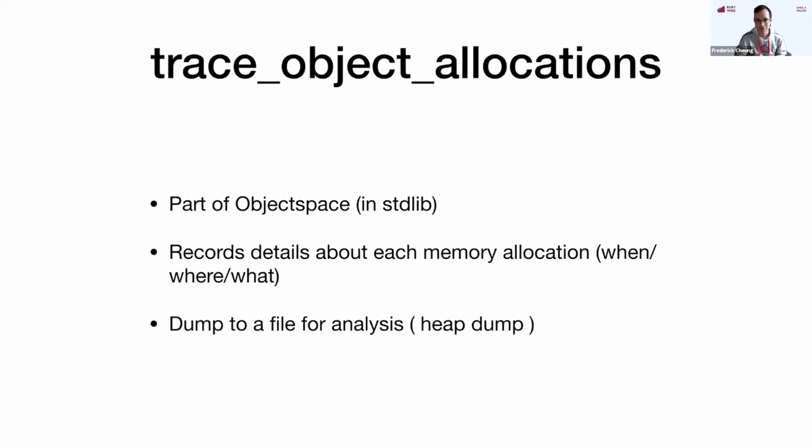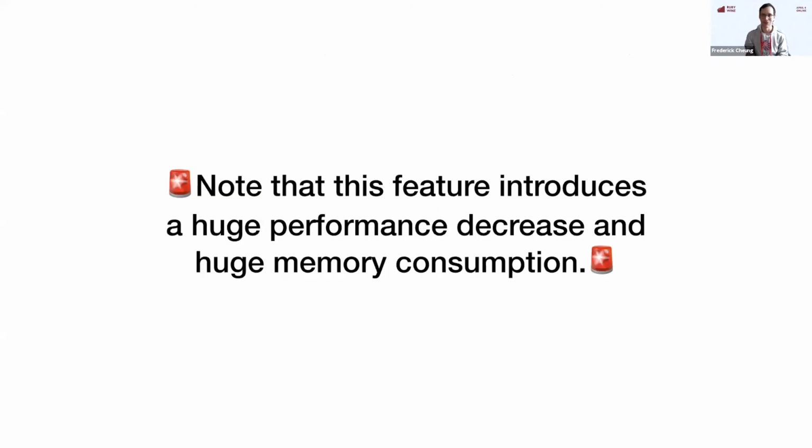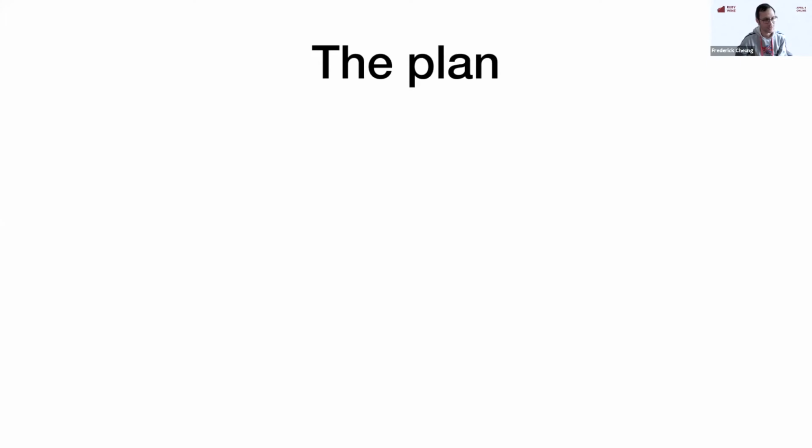It does have this warning in the documentation, which is a little bit scary: Note, this feature introduces a huge performance decrease and a huge memory consumption. Which kind of makes sense given what it's doing, instrumenting every single allocation. But I still quite wanted to use this. So my plan was, well, this is an application that's deployed across many servers.